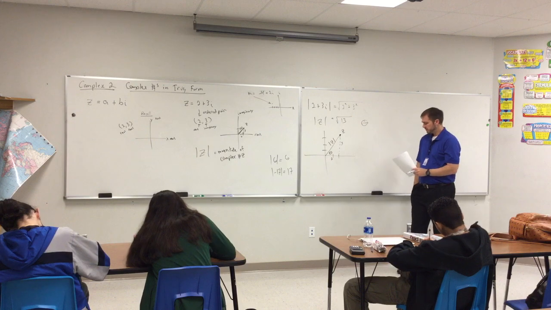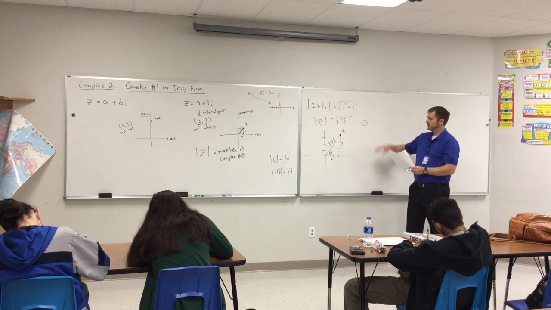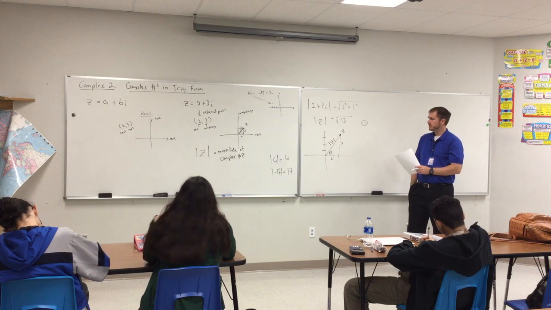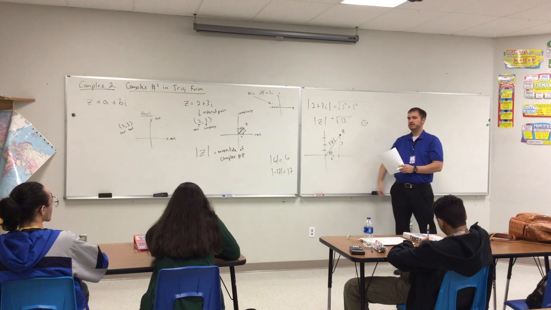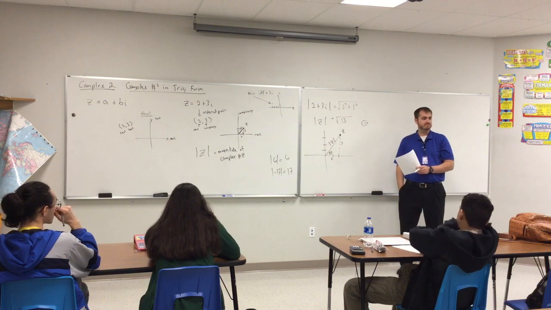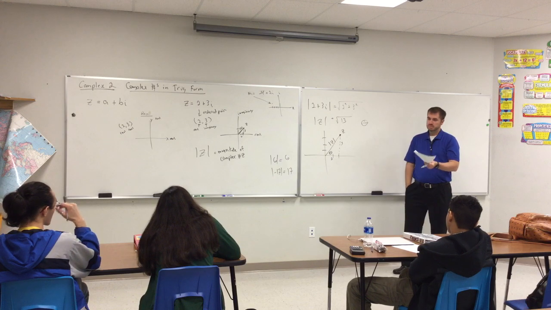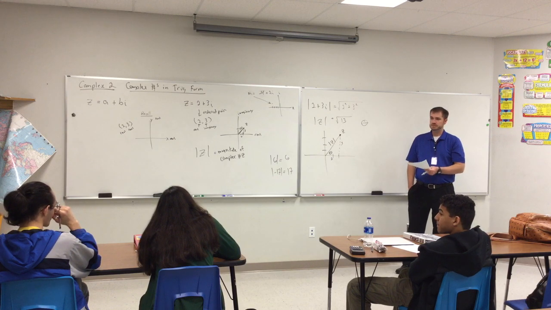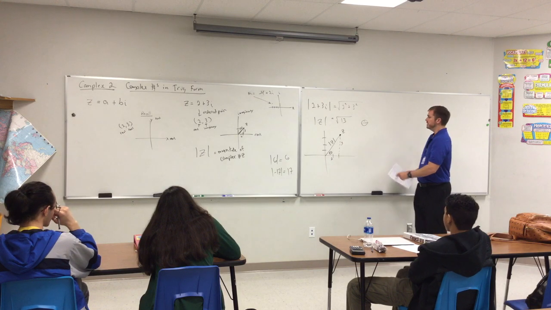Taking suggestions from anyone: what do y'all think would be a way of finding theta in that situation? It's not too different from what we've done before. Go ahead, Robert, you got an idea for us? What's that? Arctangent, inverse tangent, yeah.